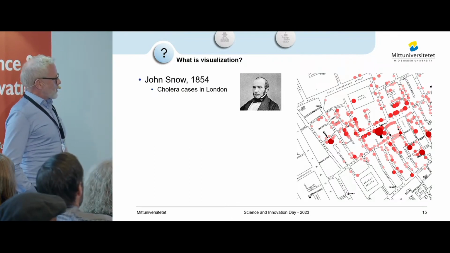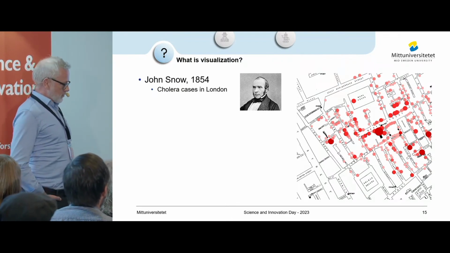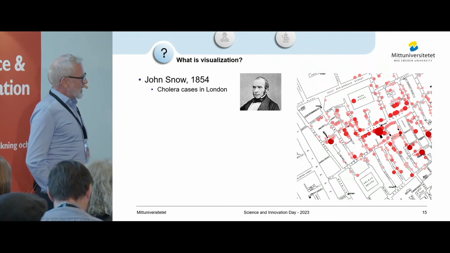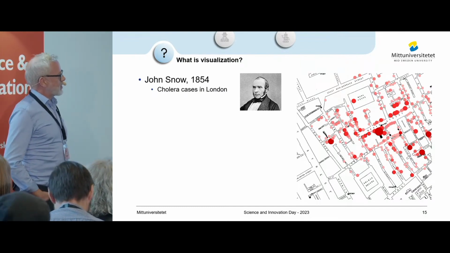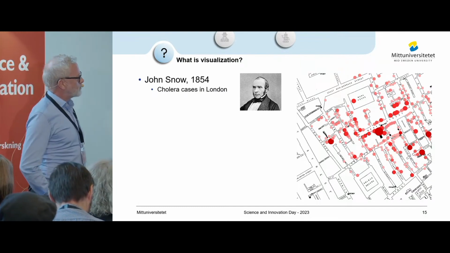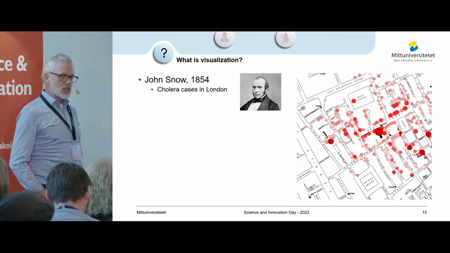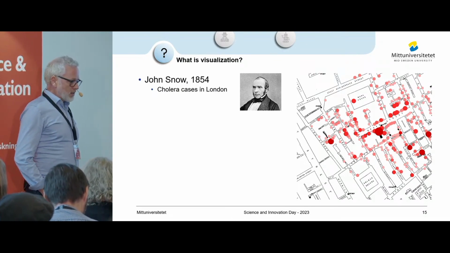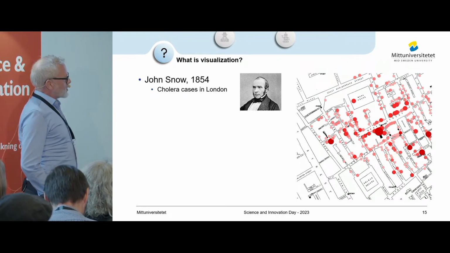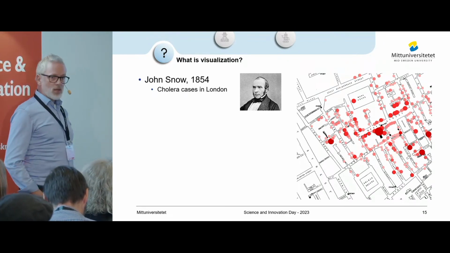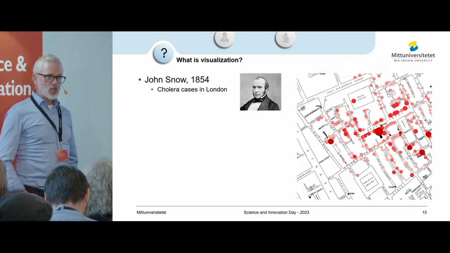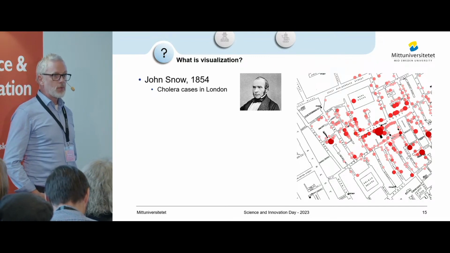So with cholera cases, it was not clear why people died at such an increased rate in London until one started to plot the actual position of people dying on a map.